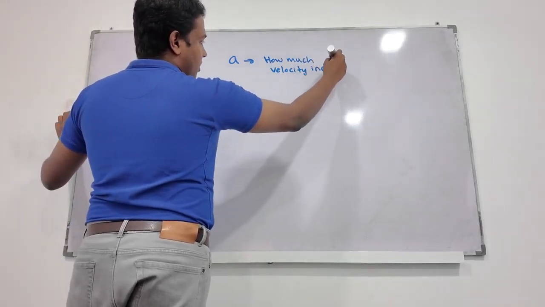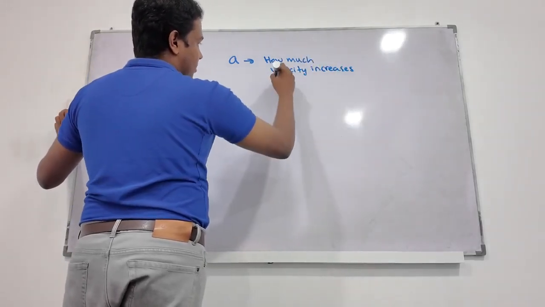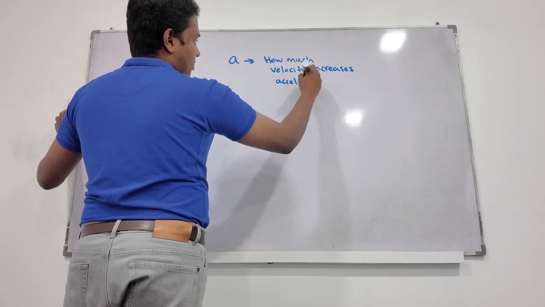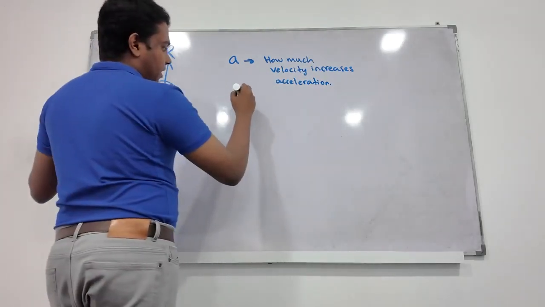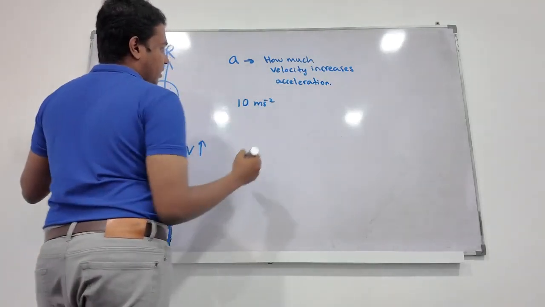That is the simplest definition for acceleration. So in my IGCSE class, this is how I teach the kids. For example, imagine 10 meters per square second.